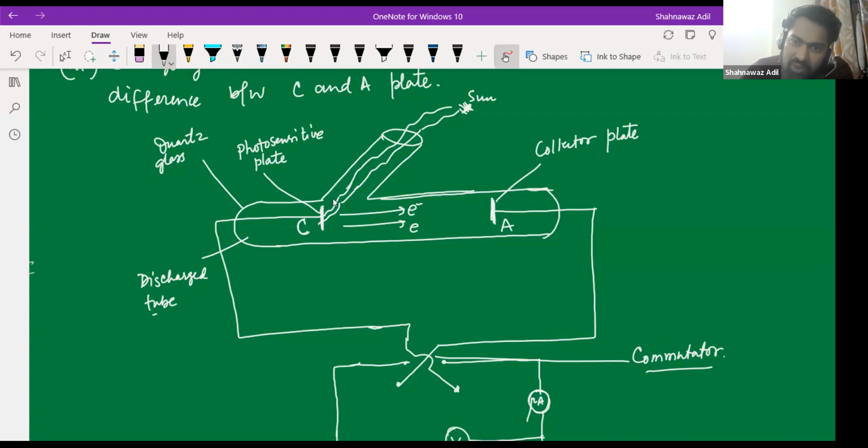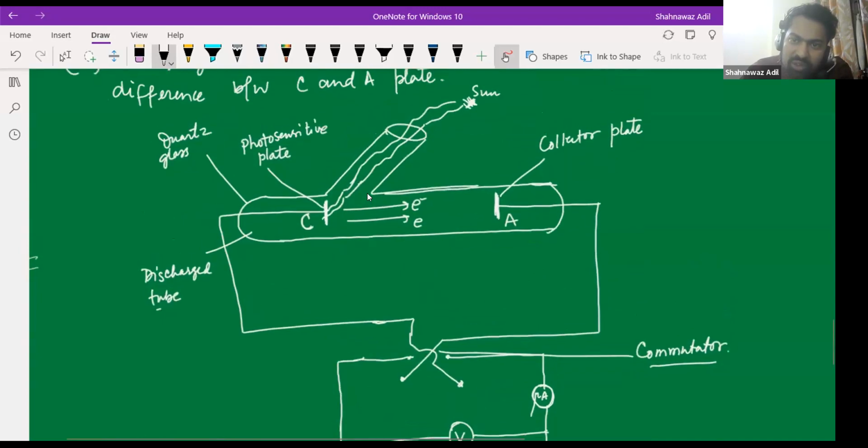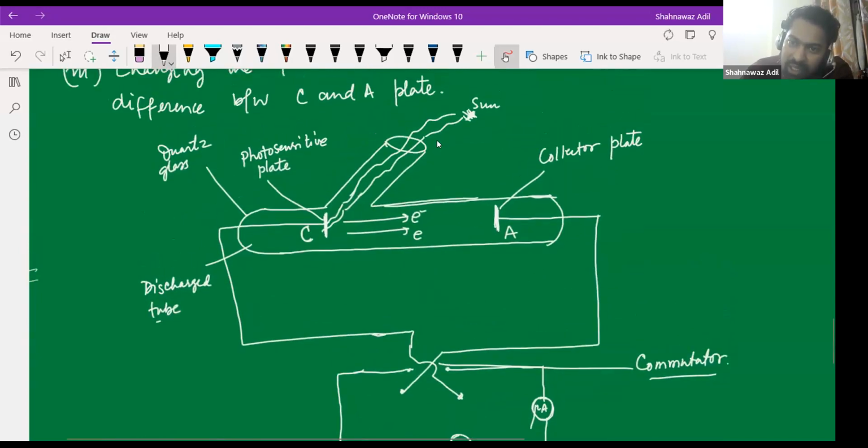So first we can change the intensity, and then we can also change, let's say, these light rays have some frequency, right? So I also can change the frequency of this light. Let's say I make a filter around here.